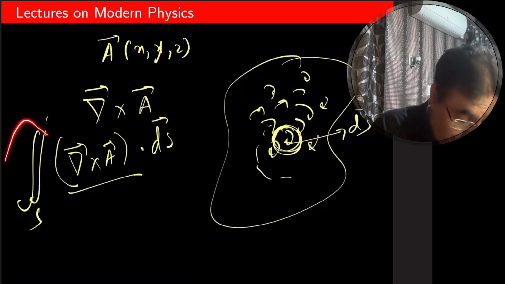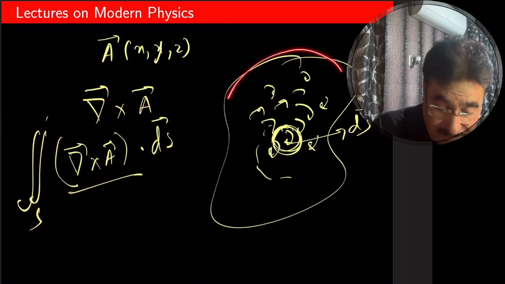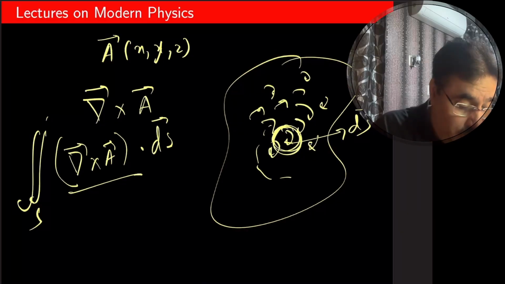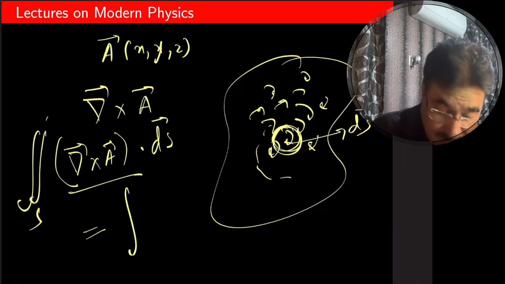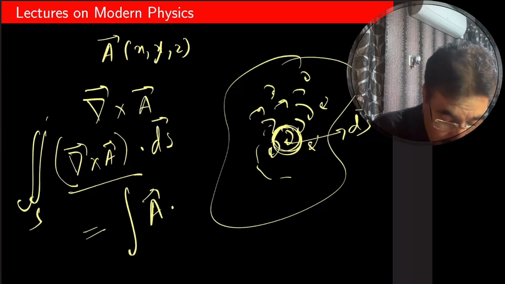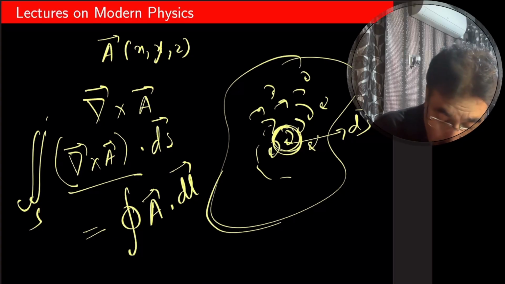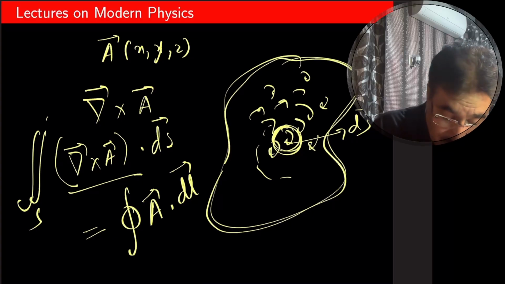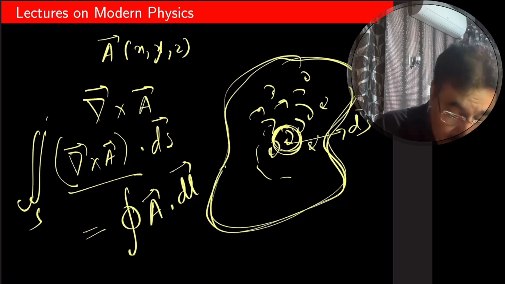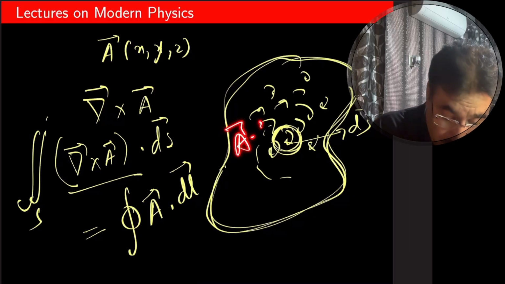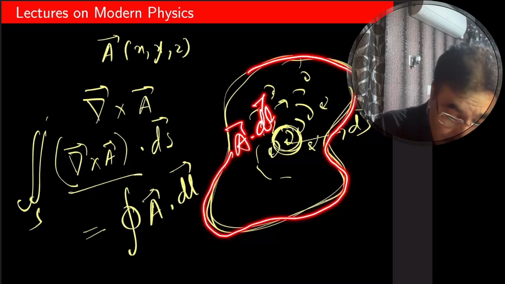So the surface integral of the curl over the surface is equal, according to this theorem, to the loop integral of this field over the loop that bounds this surface. It's this boundary loop. You just take A, take its dot product with dl along this loop.